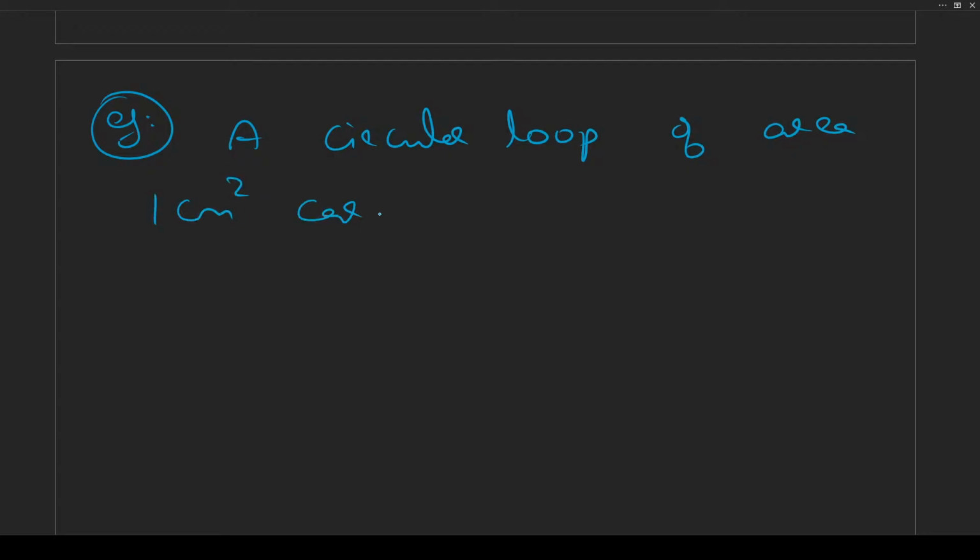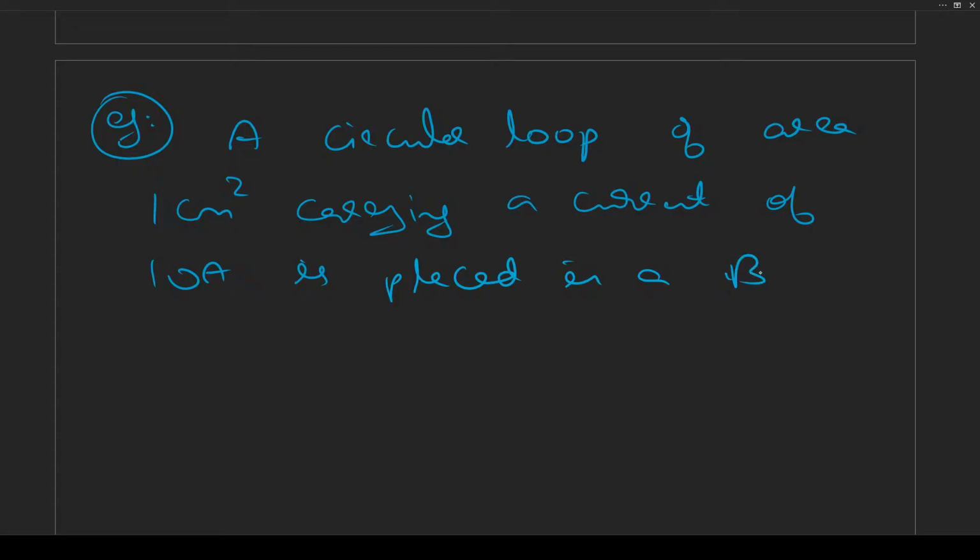Next question. A circular loop of area 1 centimeter square carrying a current of 10 ampere is placed in a magnetic field of 2 Tesla j cap, meaning acting in the y-axis.